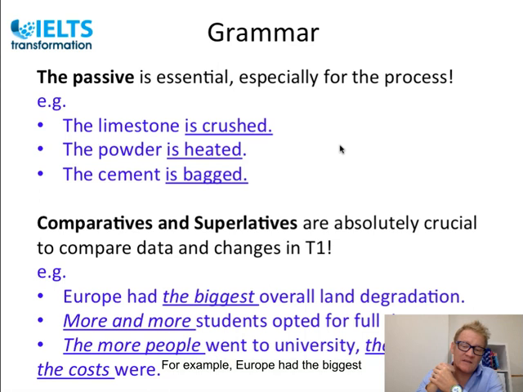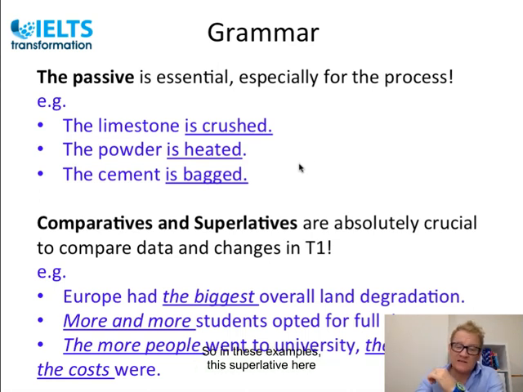For example, Europe had the biggest overall land degradation. More and more students opted for full-time courses. The more people went to university, the higher the costs were. In these examples, this superlative, the biggest, is quite a simple one.